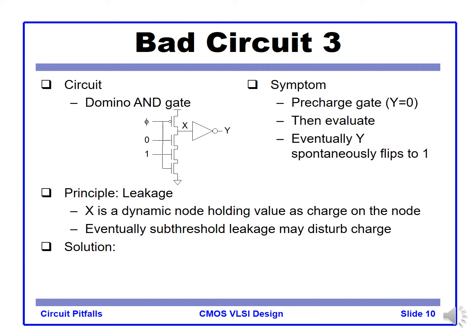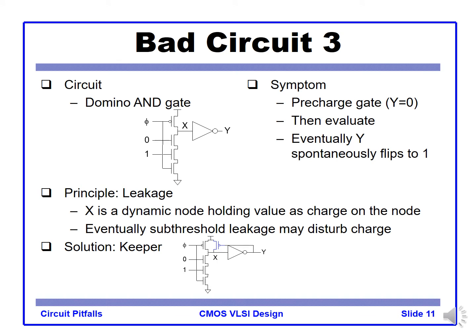Because of leakage, the dynamic circuit is very weak against leakage. X is a dynamic node also, so subthreshold leakage will eventually discharge the charge. Even though the pull down path is off, there's always subthreshold conduction there.